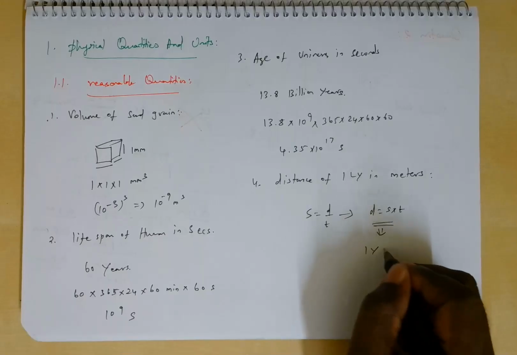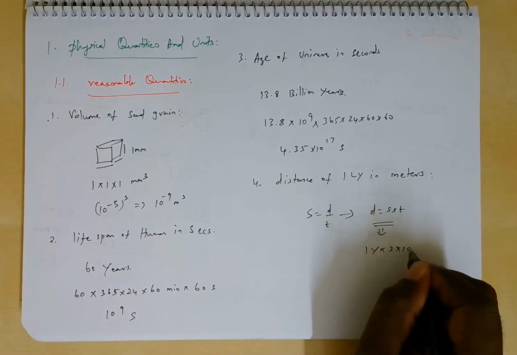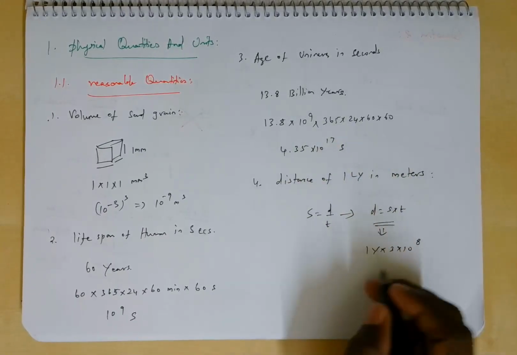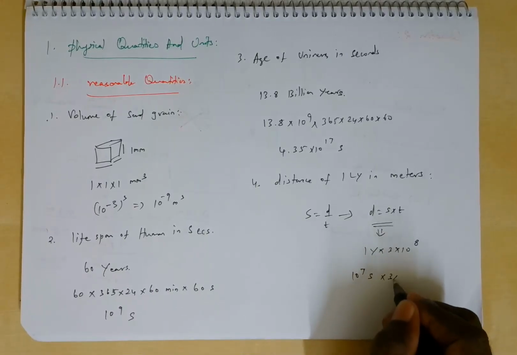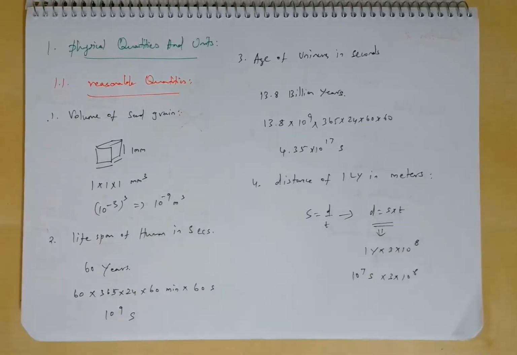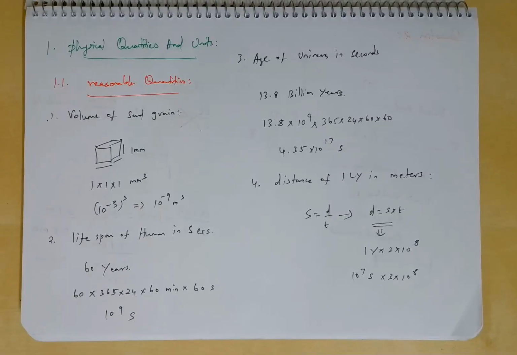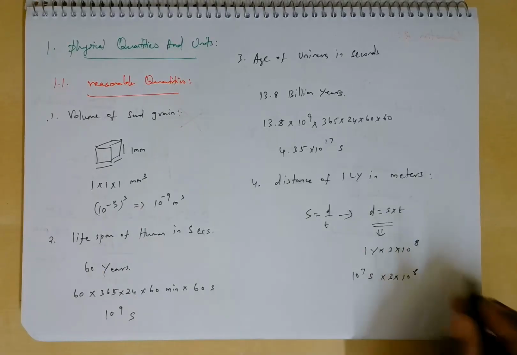Awesome. So it's 1 year into 3 into 10 power 8. We already know 1 year is 10 power 7 seconds, into 3 into 10 power 8. That's all you have to do.